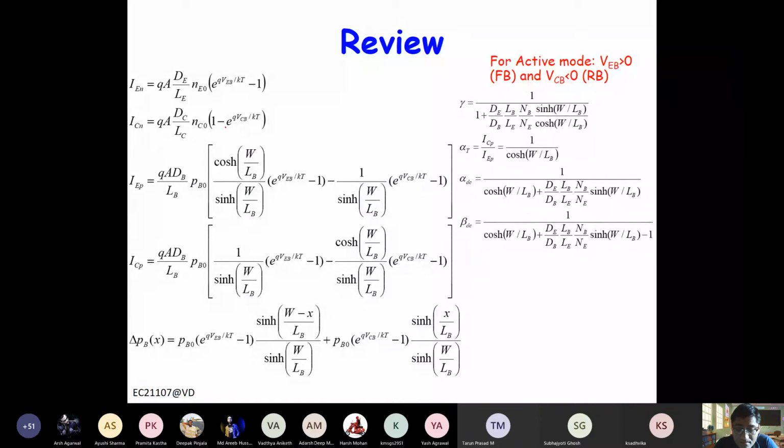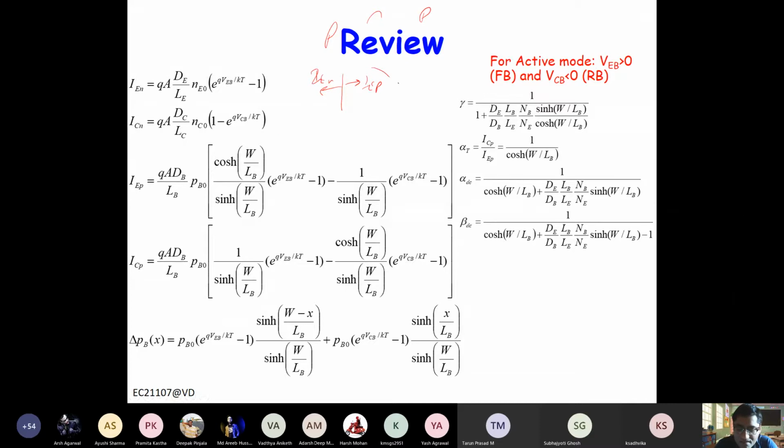For the emitter, we had two equations, one for IEN, electrons. This is for a PNP transistor. Electrons entering from base to emitter. Then IEP is basically the current due to holes entering from emitter to base.